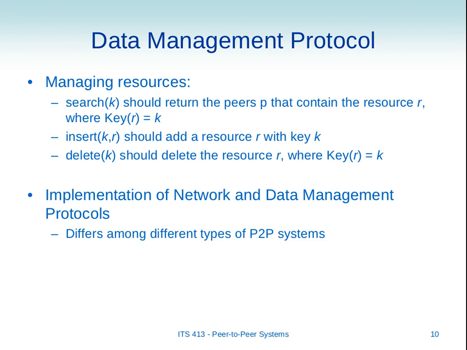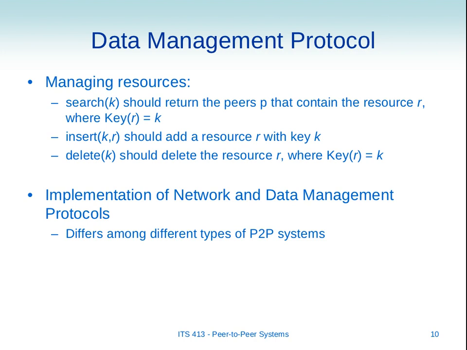Resource 6 is at P2. That is, we need to add the new entry. If someone deletes a resource, if P2 deletes the resource with key 6, in our case resource 6, then this entry in the index needs to be removed, so that when someone searches, they'll find the correct set of peers.